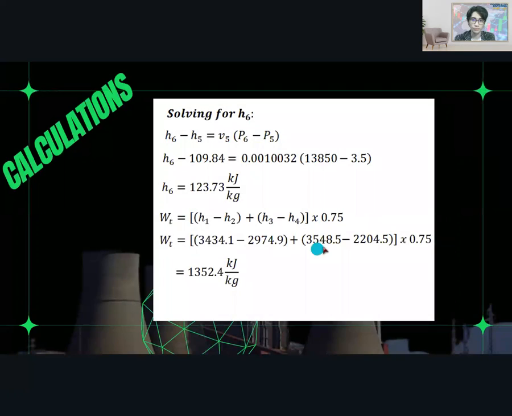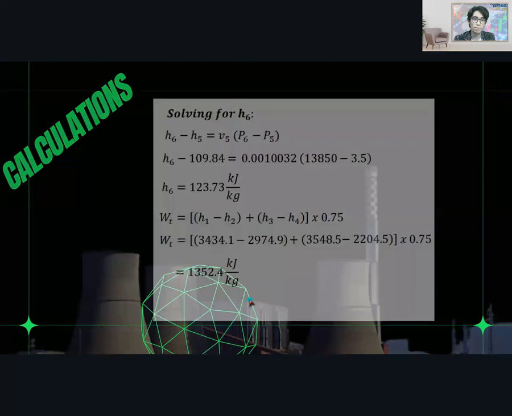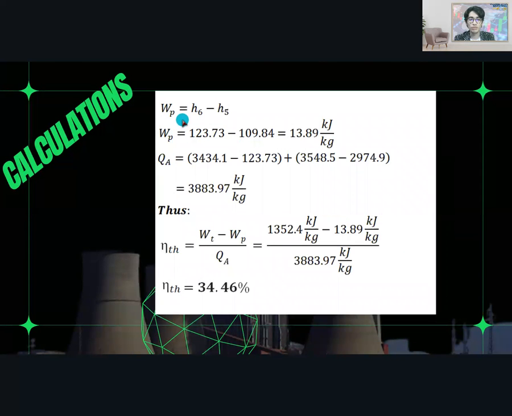Substituting the values of the enthalpies: 3,434.1 minus 2,974.9 plus 3,548.5 minus 2,204.5, times 75%, is equal to 1,352.4 kilojoule per kilogram.